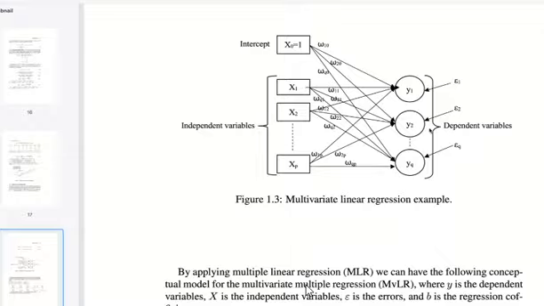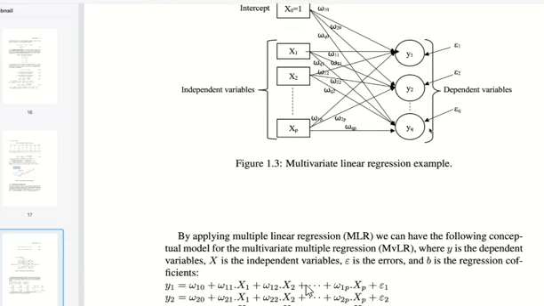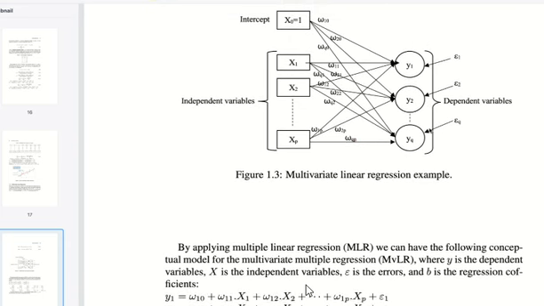So how to solve this problem? We can simply use the simple linear regression technique, like this one. If you look here, y1, y2, yq, these are the same formula that we have for multiple linear regression. So by applying the concept of multiple linear regression, we can simply solve multivariate linear regression.